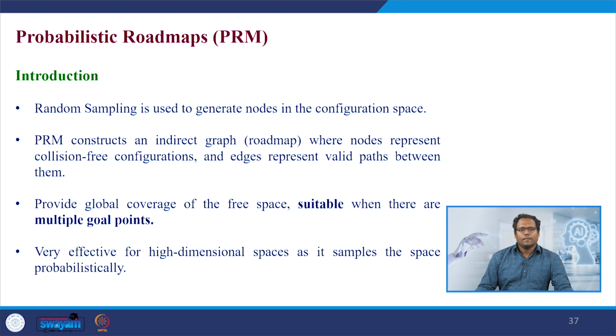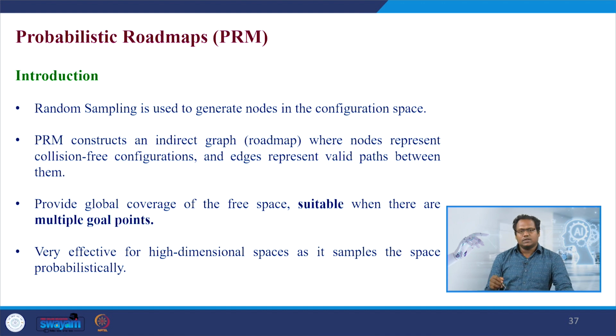That is all. And now let us move on to probabilistic roadmap, which is the last topic of today's class. It is shortly called as PRM. Here it is a random sampling based approach, and this random sampling is used to generate nodes in the configuration space.